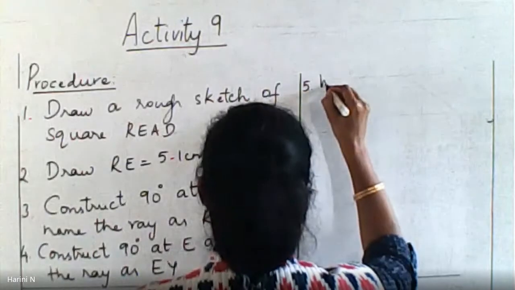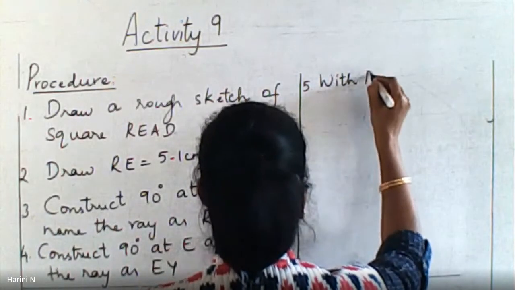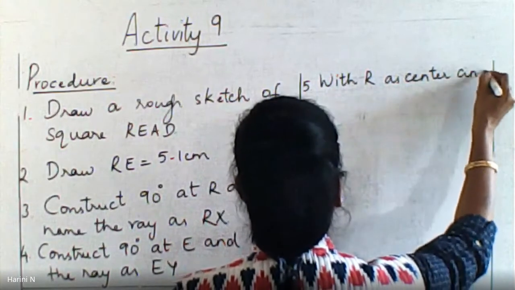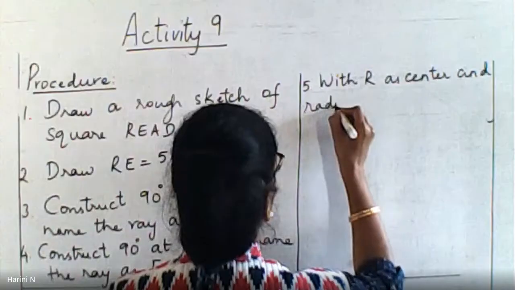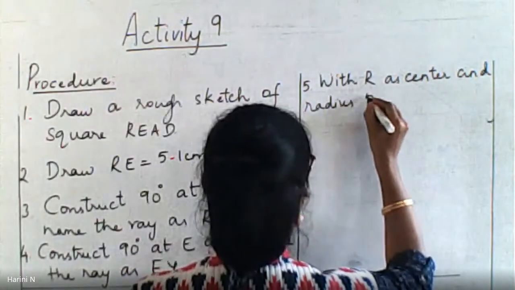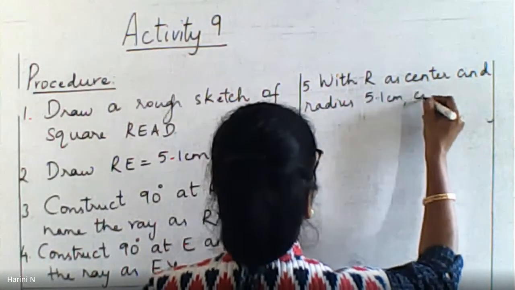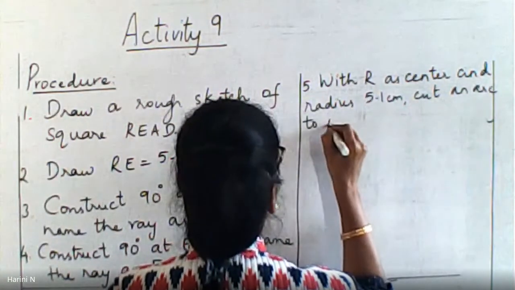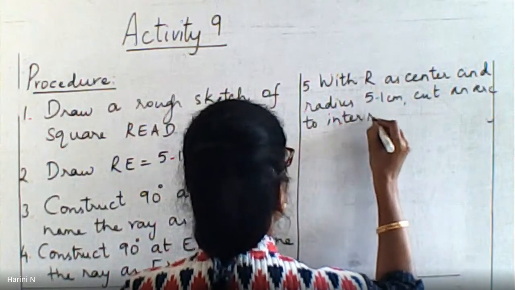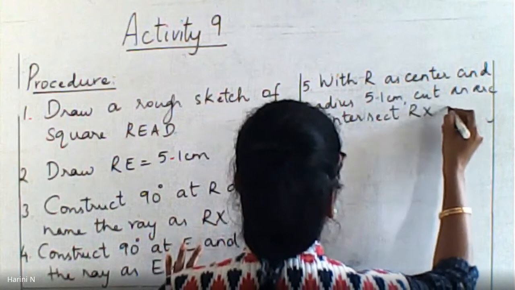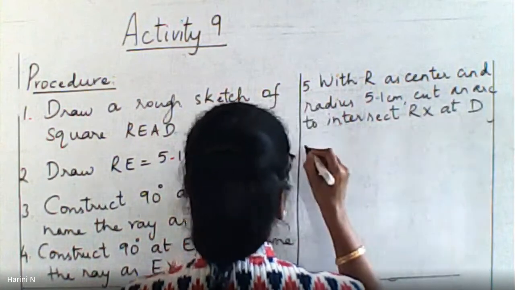So, with R as center and radius 5.1 centimeters, cut an arc to intersect RX at D. Then, next step.